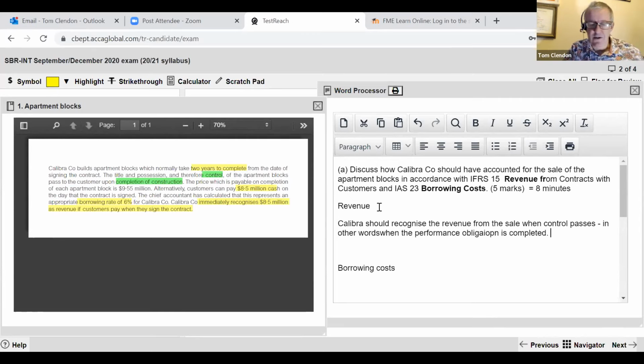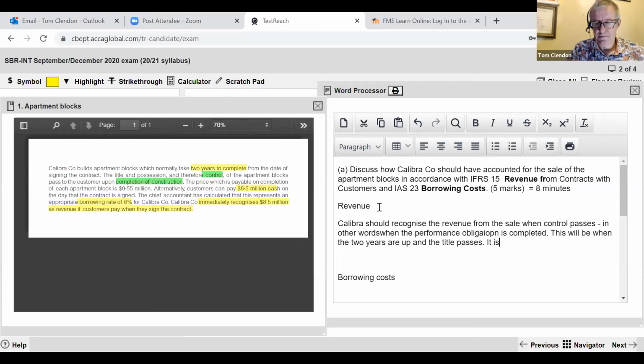Now, what they've done is clearly wrong, yeah? This will be when the 2 years are up and the title passes. It is not when the cash is received.